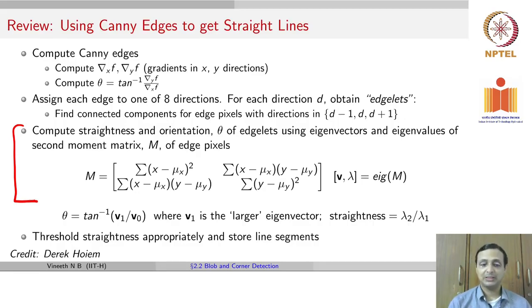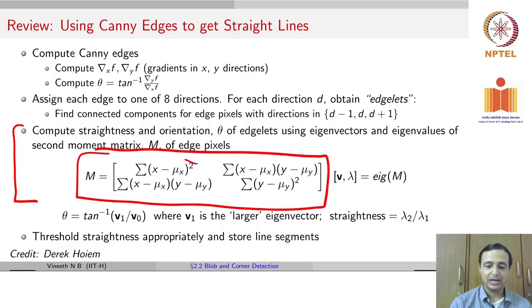You take all of those pixels and compute such a matrix. Remember, the first entry corresponds to x minus mu x, where mu x is the mean x dimension of all of those pixels in the edgelet, and each x corresponds to one of those x coordinates of one of those edgelet pixels.